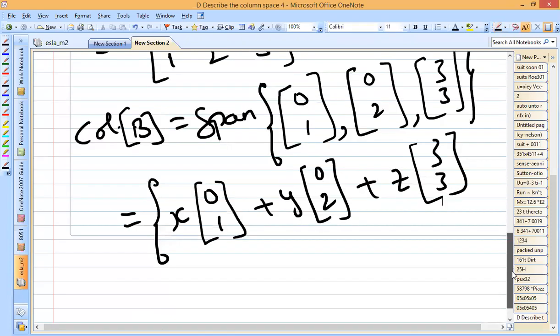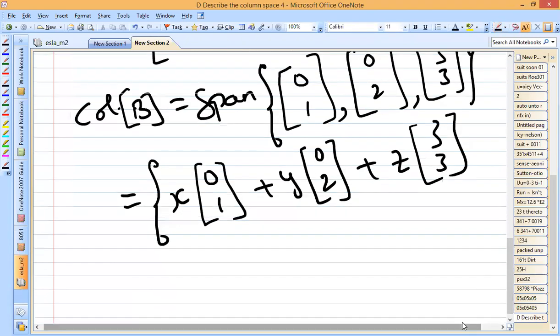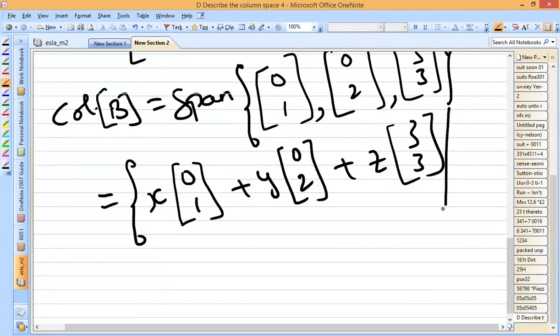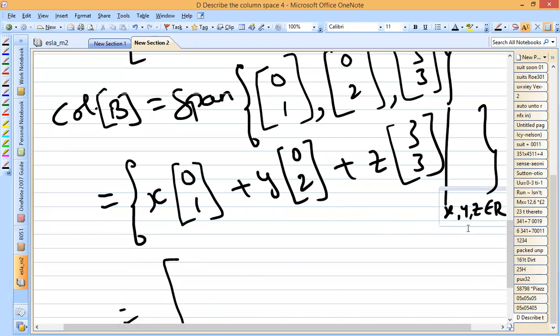But in order to understand in a better way, we take these elements. We can also mention that x, y, z belong to R. Simplifying this and writing, the first row elements will simply be equal to 3z.